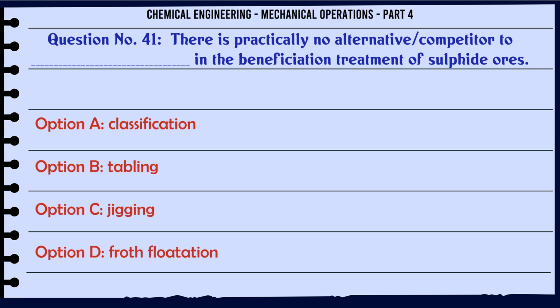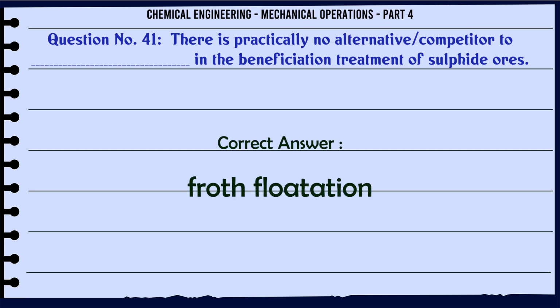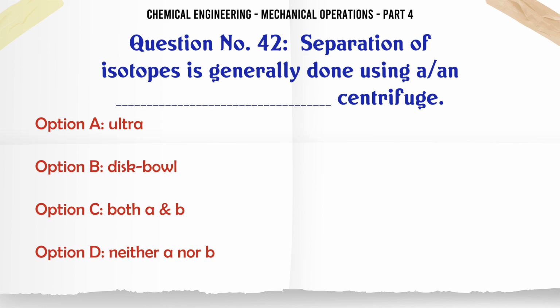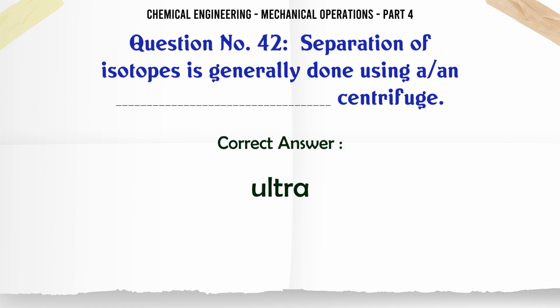A. Classification, B. Tabling, C. Jigging, D. Froth flotation. The correct answer is froth flotation. Separation of isotopes is generally done using an centrifuge. A. Ultra, B. Disc bowl, C. Both A and B, D. Neither A nor B. The correct answer is ultra.